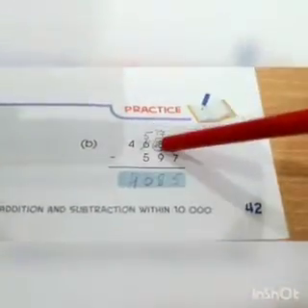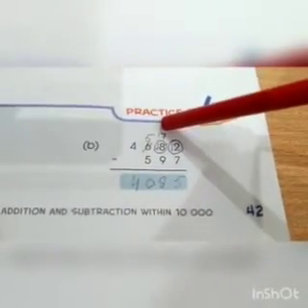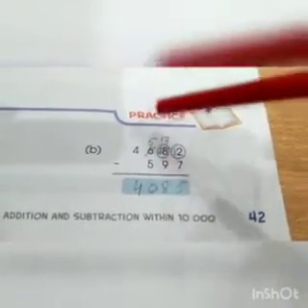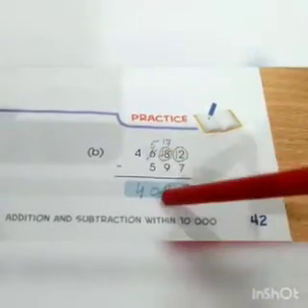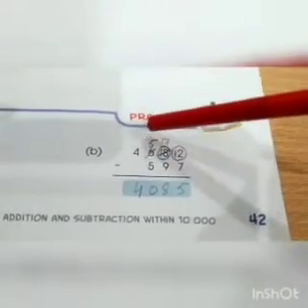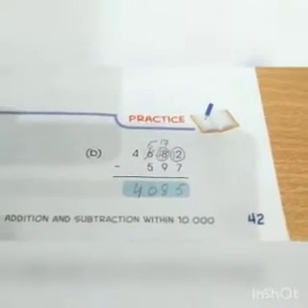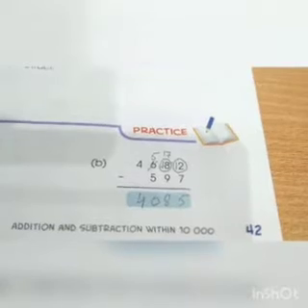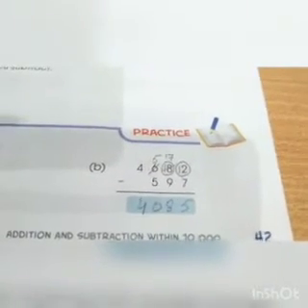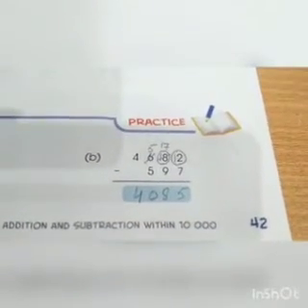Now we have 17 tens. 17 tens minus 9 tens is equal to 8 tens. Now subtract the hundreds. 5 hundreds minus 5 hundreds is equal to 0 hundreds. And 4. You have to write the answer 4,085.